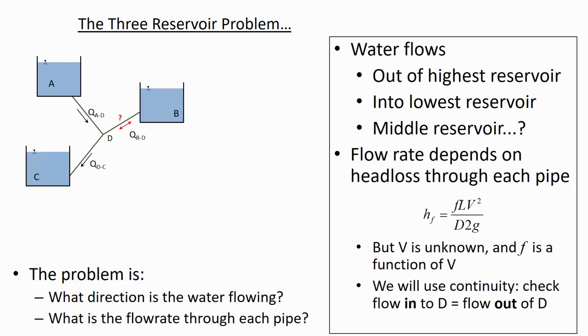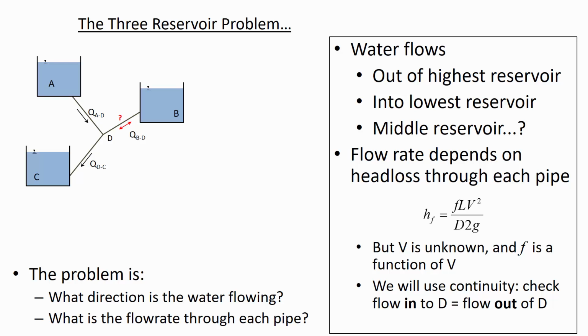And then depending on the first guess we make, our first guess may say that there's no flow rate in BD. If that was the case, we'd be looking for the flow rate in and the flow rate out to be equal. So we're going to solve for velocity in the Darcy-Weisbach equation and then find the corresponding flow rate and see, does flow in equal flow out?